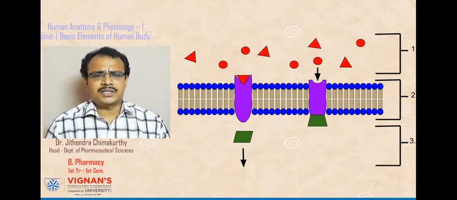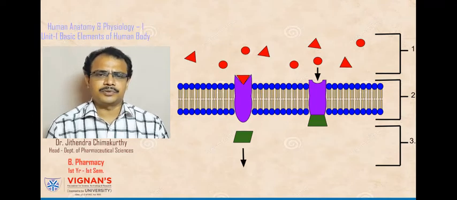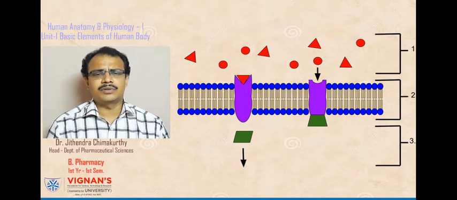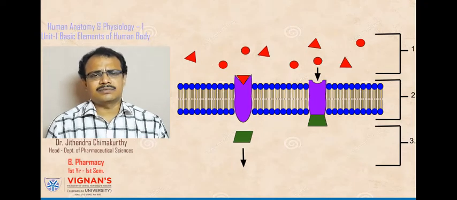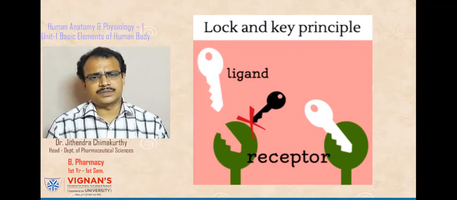And generally the ligands and the receptors are specific to each other. It means ligands are specific to few receptors and receptors are specific to few ligands.